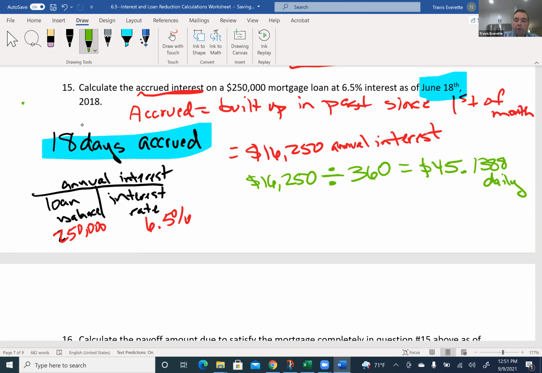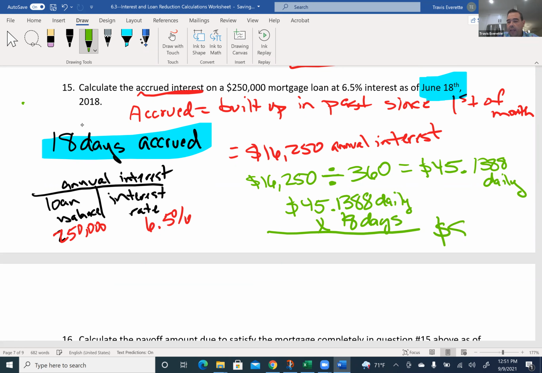So bring that number down here, 45.1388 daily times 18 days and accrued interest to me looks like $812 and about 50 cents. It's 0.4999999, so 50 cents. 812 and about 50 cents for accrued interest.